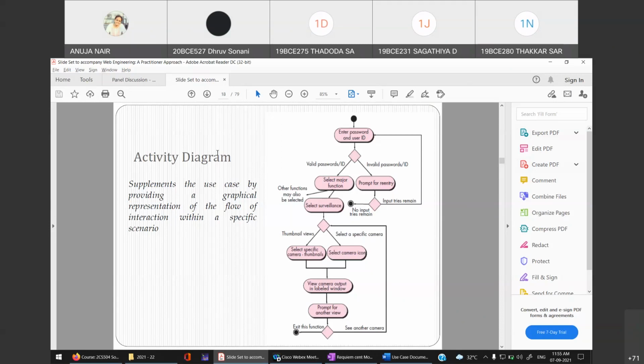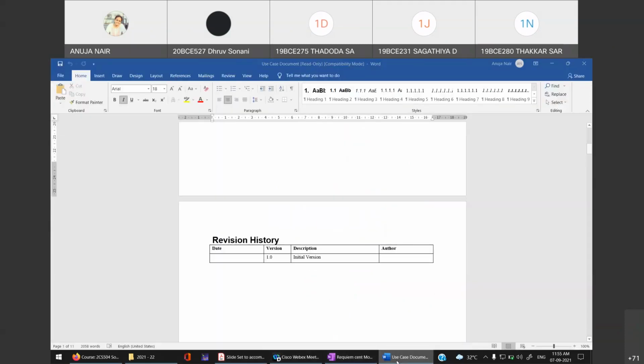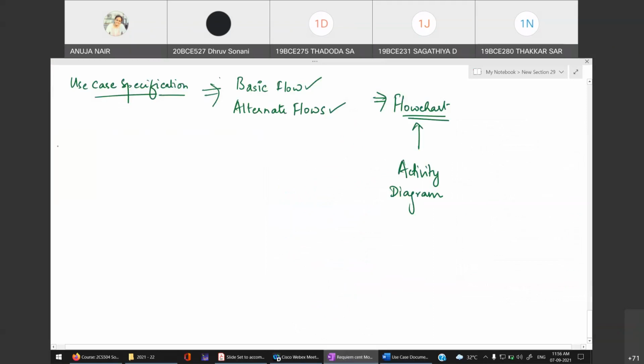I'm not saying that you should never create one single activity diagram, but if you make only one, it would be a very big diagram and unnecessarily chaotic. So you should always create activity diagrams for the specifications you have written.